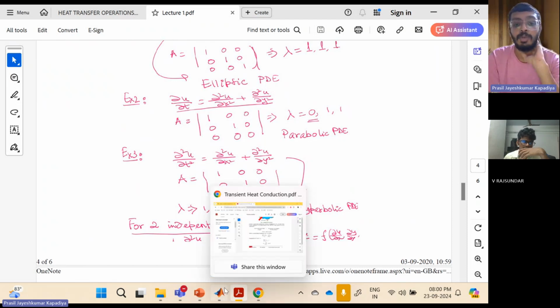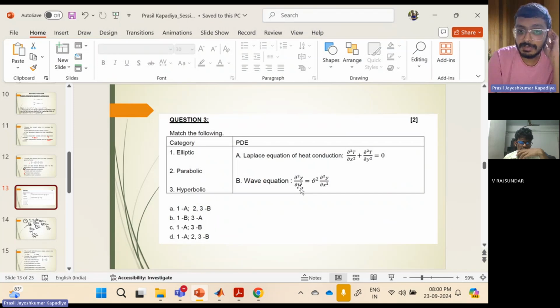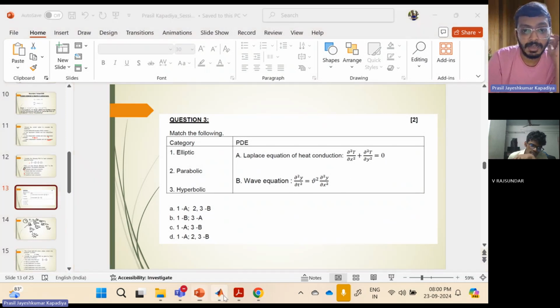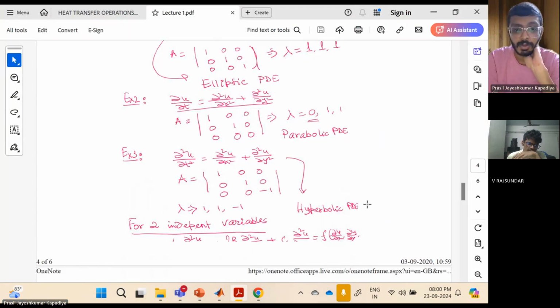This is called a hyperbolic PDE. In this example, del square t by del x square is equal to something times del square y by del x square, and this coefficient will always be positive because it is something squared. So one coefficient is 1 and the other will be -1 if we write it like this. That's why it is a hyperbolic PDE. We will always get one negative and one positive eigenvalue. So it is hyperbolic.